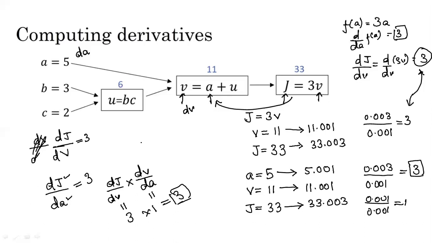Okay, and suppose we are writing this notation like dv and dA, so what will this dv represent? It will represent the derivative of the final function j with respect to the intermediate variable v. Okay, and dA will represent the derivative of the final output j with respect to the intermediate variable, that is a.